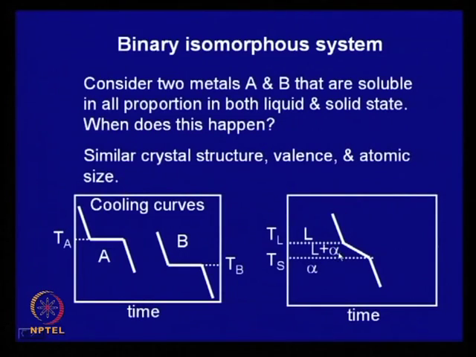We say that this is a solid solution of B in A, or vice versa, whatever you may say. So, this is the solid solution which is forming, and so there will be a temperature range over which both the phases, liquid and solid, can coexist.